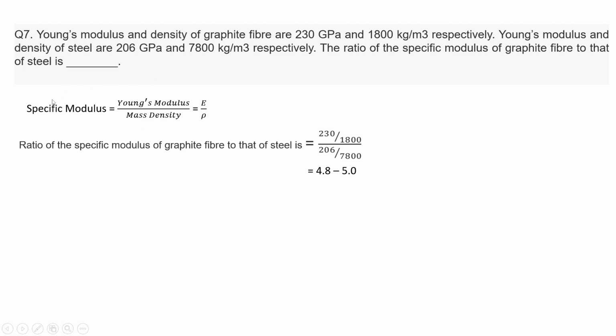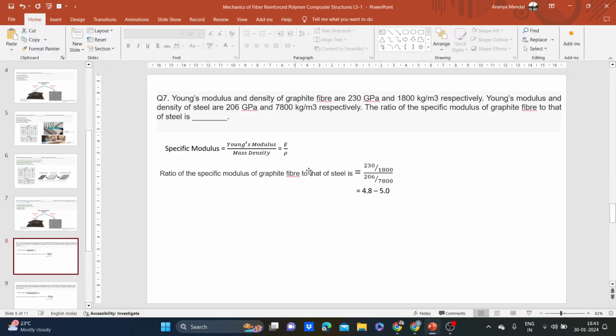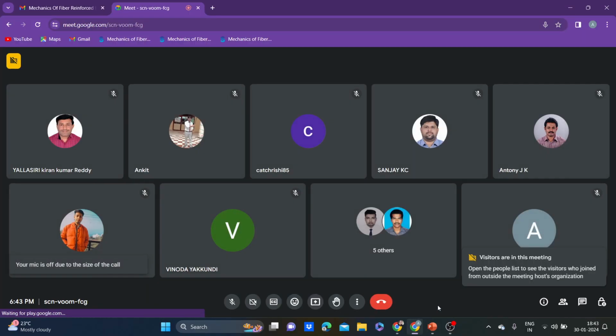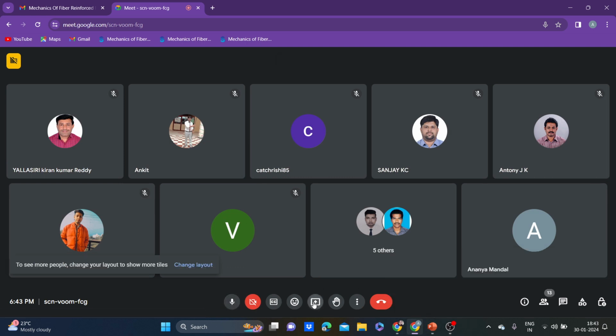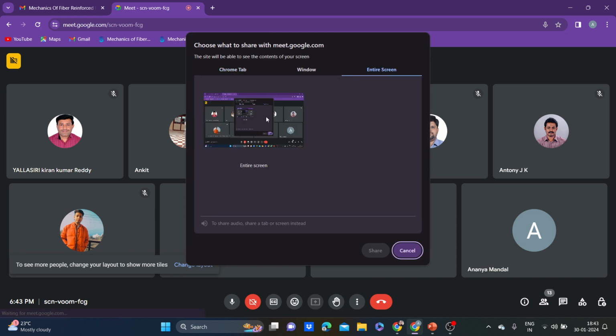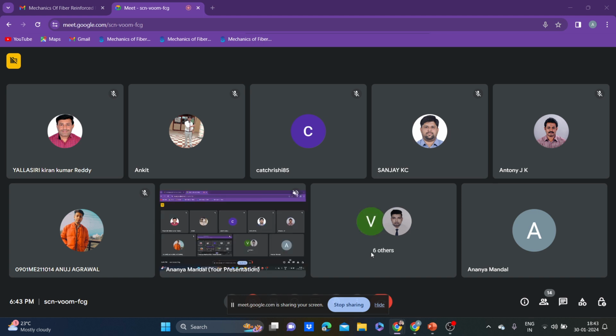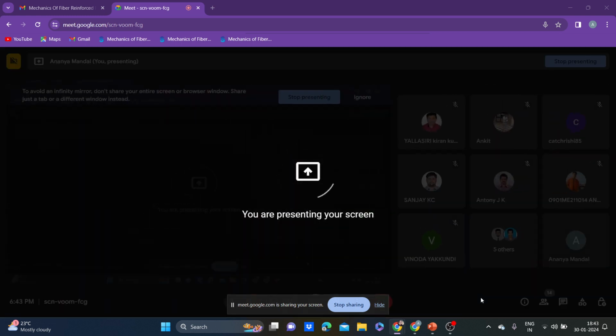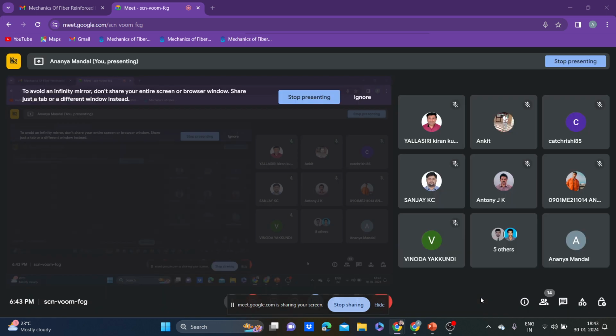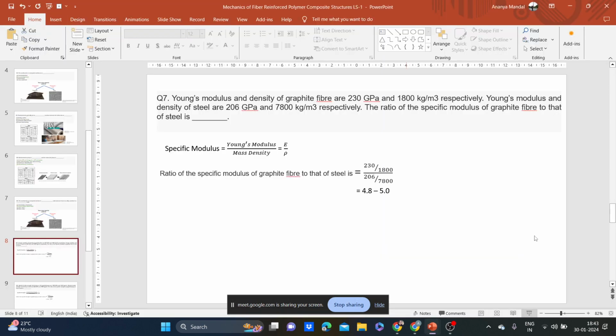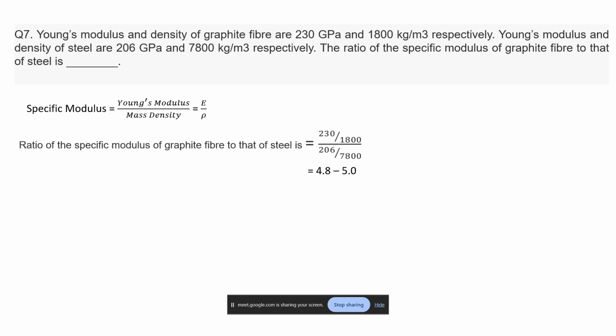In this question, the equation is given: specific modulus is equal to Young's modulus divided by mass density.